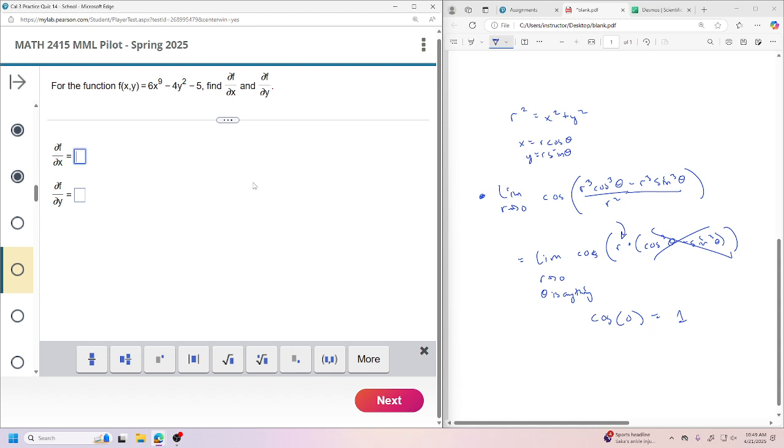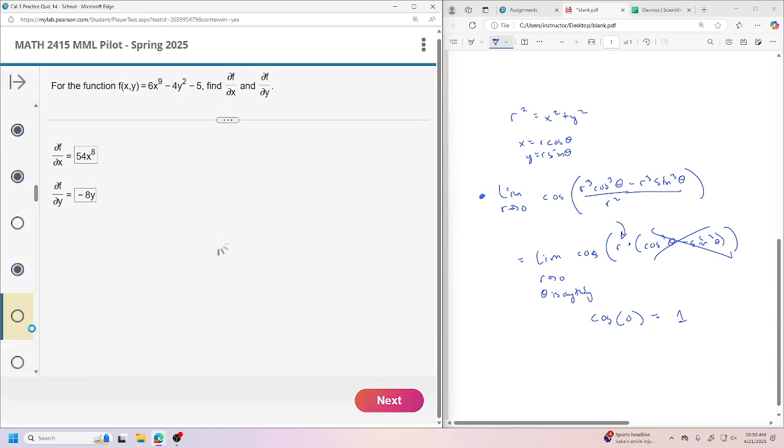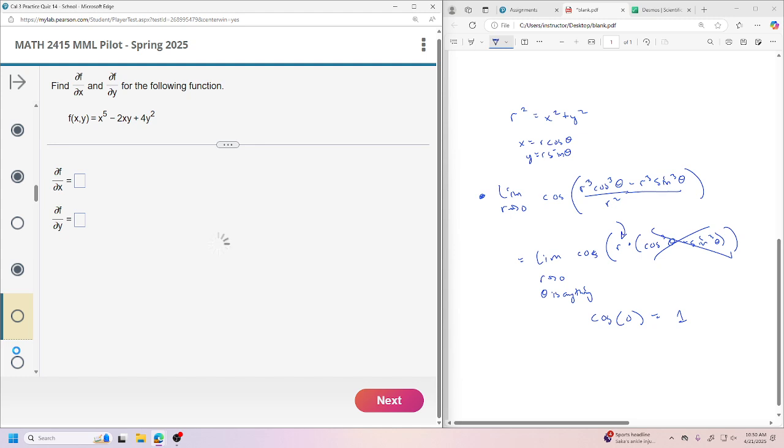Okay then. So derivative in terms of x, the 9 comes down. 9 times 6x. And then nothing else. Negative 8y. I'm not going to check it. Y'all know y'all are right. So let's go through and look to see if there's something that stands out more than another.